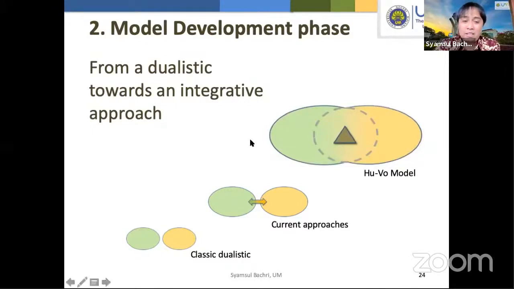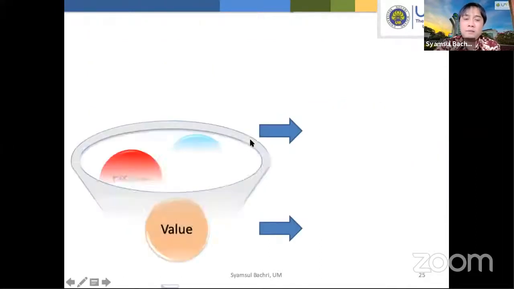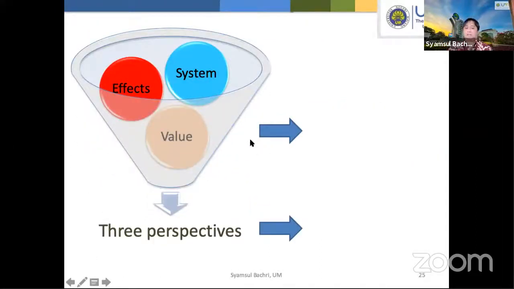Then this grew into 3 perspectives. Coming from the field survey and data analysis, I bring 3 perspectives here. First, it's about systems, how they interact. Second, it's about the effects. And the third is about value. How can these 3 perspectives be transferred into interactions?